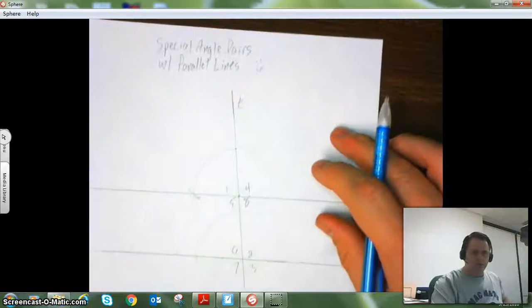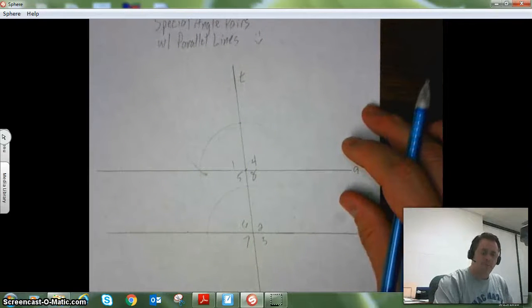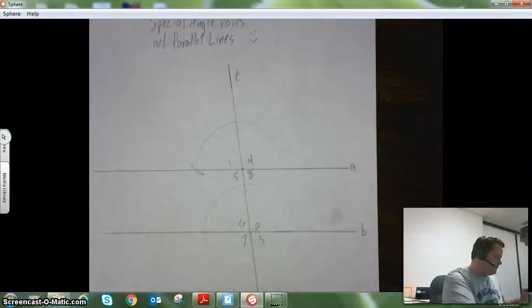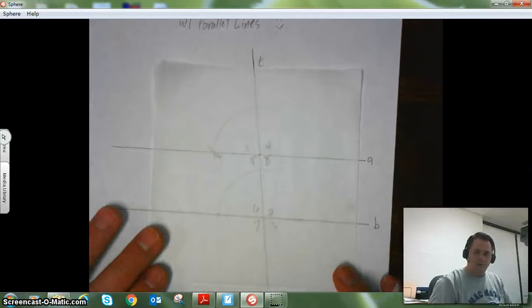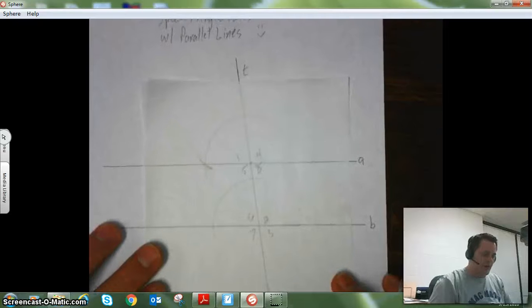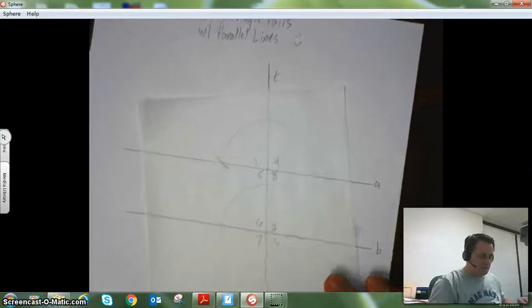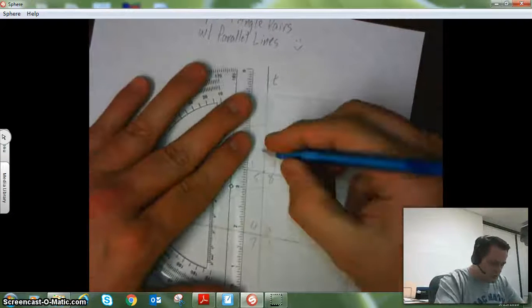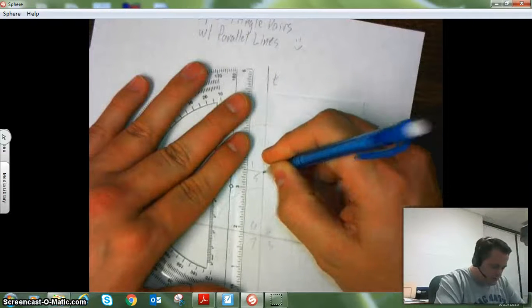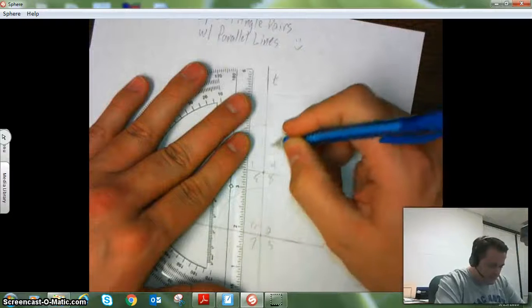We're not going to use the protractor here for any kind of measuring. The reason we're getting the patty paper is that we're going to use its semi-transparency to help us measure the angles without the use of a protractor.